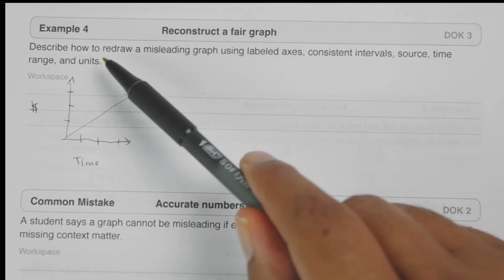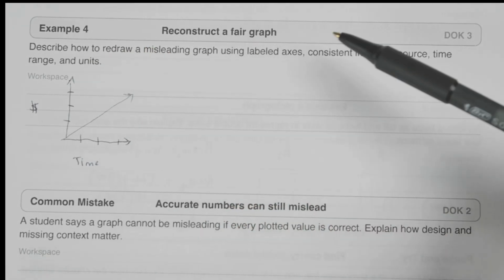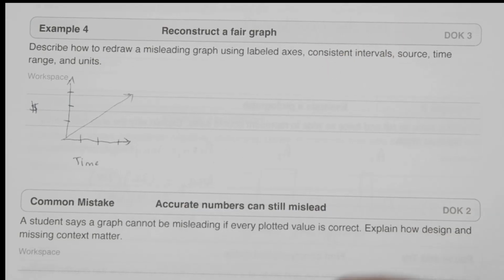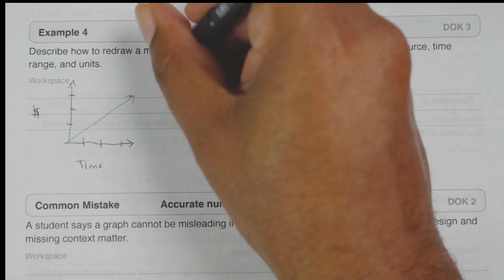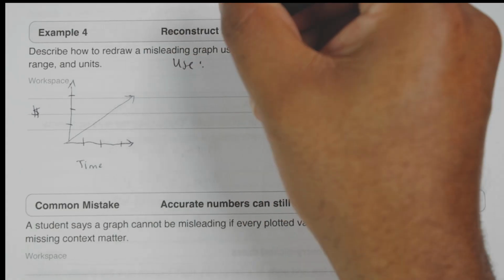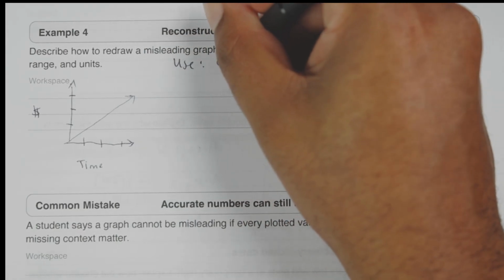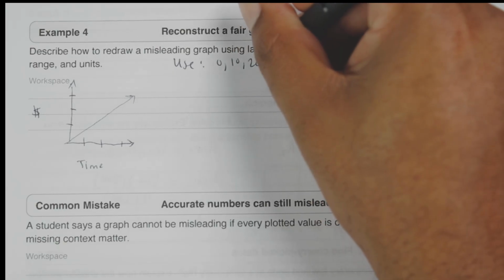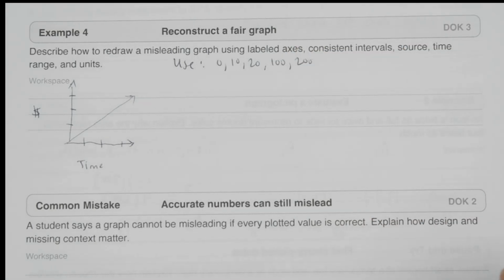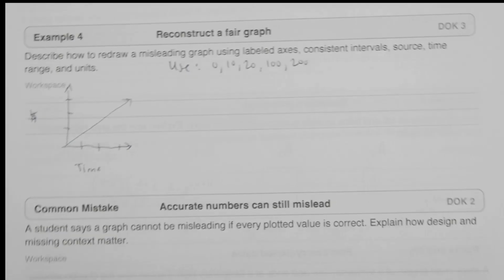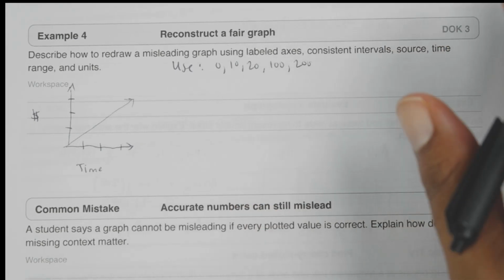But describe how to redraw a misleading graph using labels, consistent intervals, source, time, and range. Suppose, for example, let's use 0, 10, 20, 100, 200, just for equal spacing. The space should match the numerical difference.